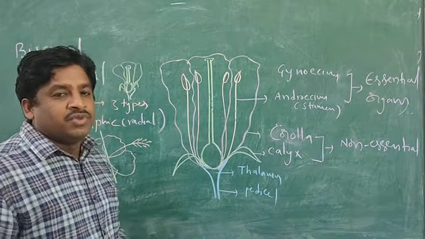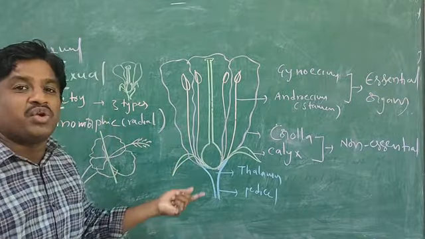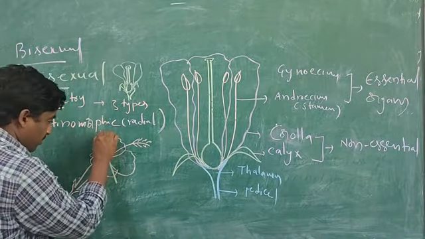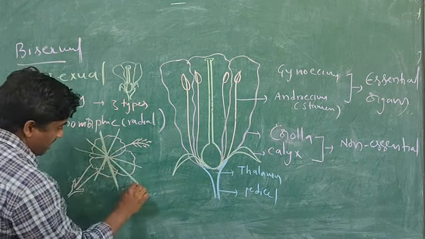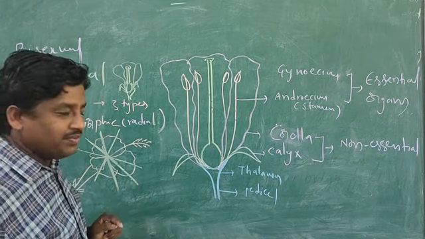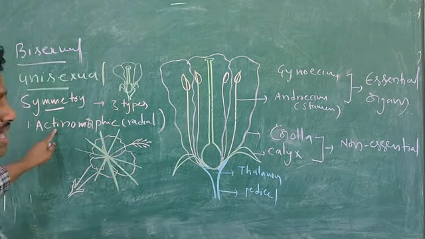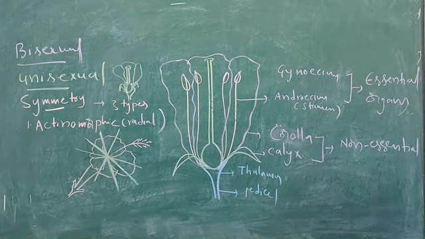Hibiscus. So in this flower you can cut any plane passing through the center. Suppose this view, this view, this view, any plane. If you cut in any plane, it divides into 2 equal parts. Such flowers we call actinomorphic flowers.